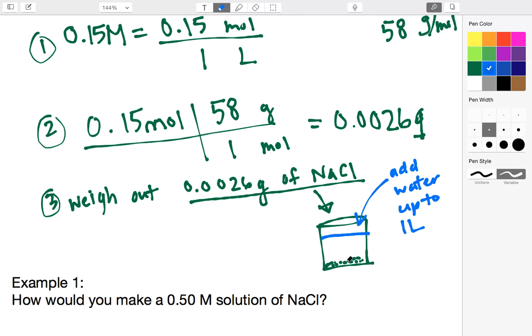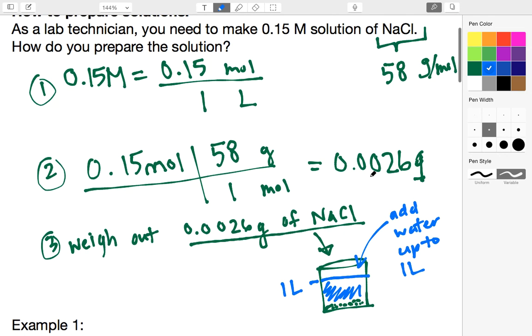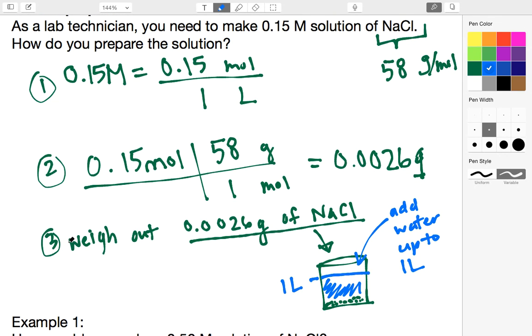So there's going to be a little bit of NaCl in here already, so you're not going to measure 1 liter of water. You're just going to add water until it hits the 1 liter mark, right? So the rest of this is just water. So when you're answering questions like these, how do you prepare the solution? It's all of step 3.